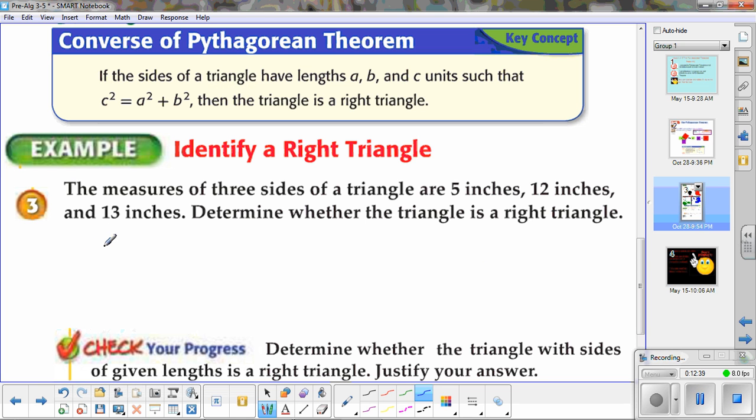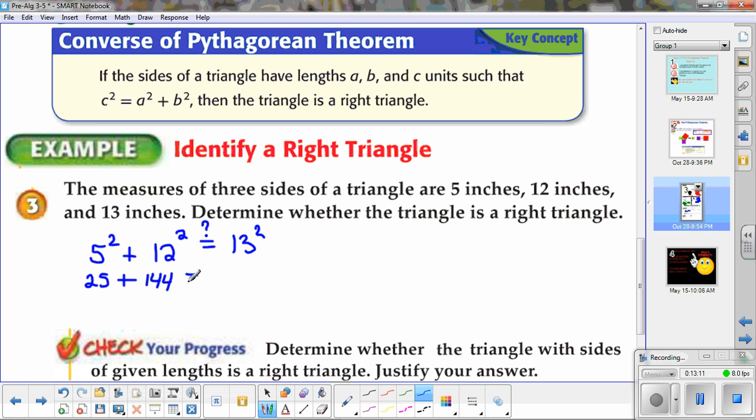Basically, what we're going to do is we're going to take the 2 shorter sides and square them. So 5 squared plus 12 squared. And we're going to see if that equals the longest side squared. We want to see if that's true or not. I'm going to put a question mark there because that's what we're testing out. Well, 5 squared is 5 times 5, which is 25. And 12 squared is 12 times 12, which is 144.